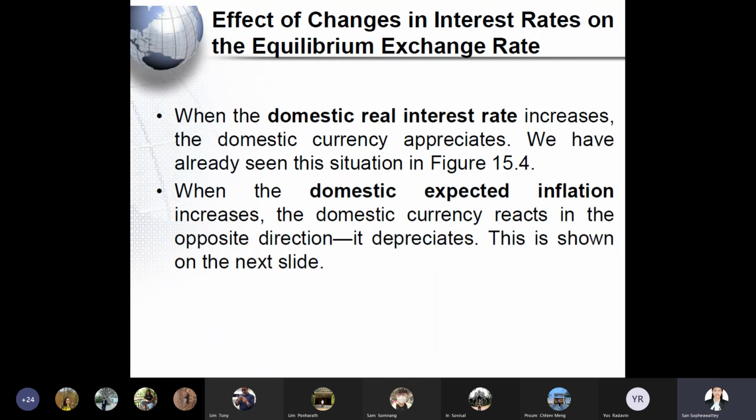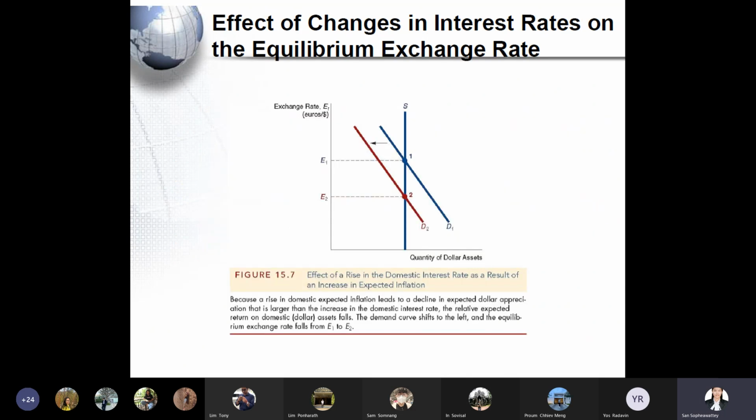When the domestic interest rate increases, the domestic currency appreciates, as we saw before. And when the domestic expected inflation increases, the domestic currency reacts in the opposite direction. It depreciates, which is in this slide.